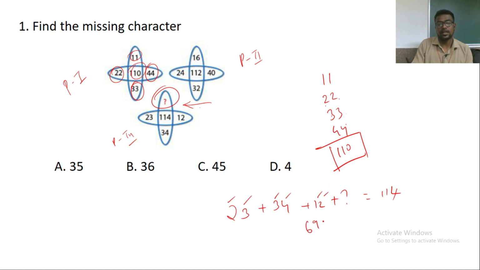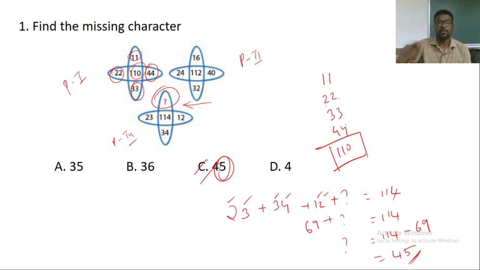So 69 plus question mark is equal to 114, so question mark is equal to 114 minus 69, which is 45. So the correct answer for this question is 45, which is option C.